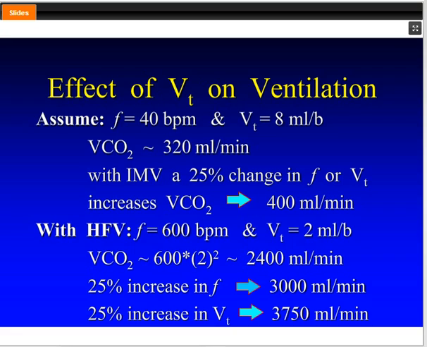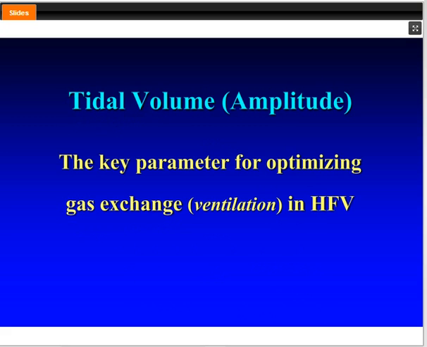A 25% increase in frequency would take you to 3,000, but a 25% increase in tidal volume would take you to 3,750. So you see the significant difference there. Tidal volume or amplitude, this is the key parameter for optimizing gas exchange using the high-frequency oscillator.